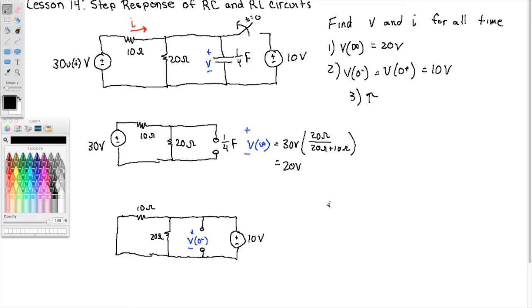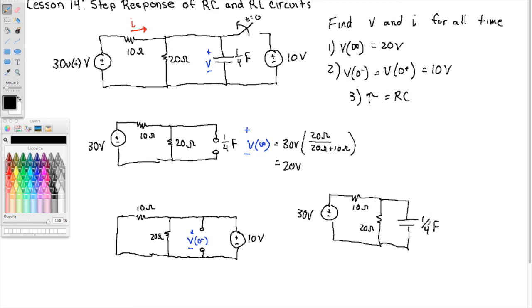So let me redraw the circuit actually. We've got 30 volts right after the switch, we've got 20 ohms, we've got the capacitor, 1/4 farads, and the voltage source on the right is switched out after t equals 0. So tau is of course R times C. C is obvious, it's 1/4 farad. What is R here? We want to know the equivalent resistance seen at the capacitor terminals.